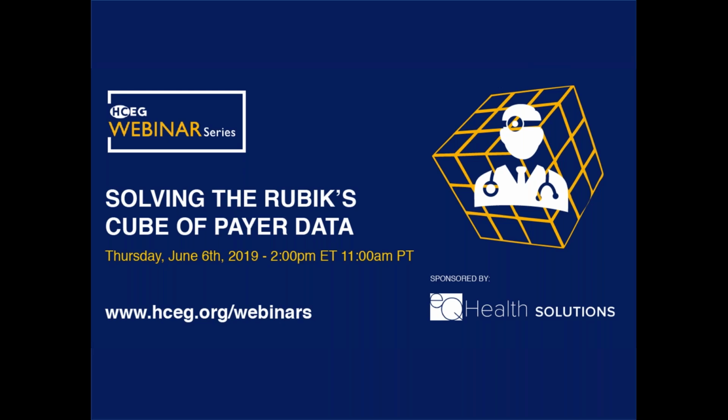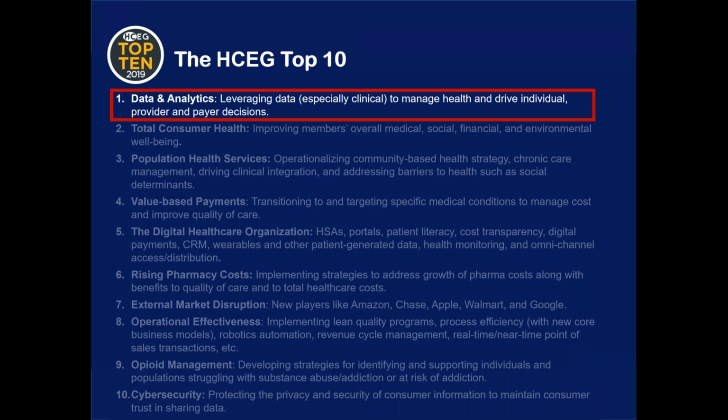Next slide. Throughout the years, our members discuss and deliberate technology and innovation opportunities, issues, and challenges in healthcare. During our annual forum at the end of the year, we formally vote on an HCEG Top 10 list for the next year.